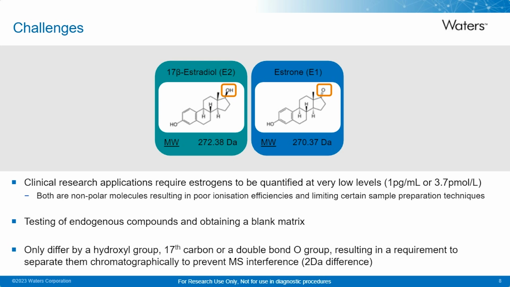Another consideration is that their molecular weights only differ by 2 Daltons, where estradiol has a hydroxyl group on the 17th carbon, whereas estrone has a double bond oxygen. Because they're so close together, they require separating chromatographically to prevent estrone from interfering with estradiol in the mass spectrometer.